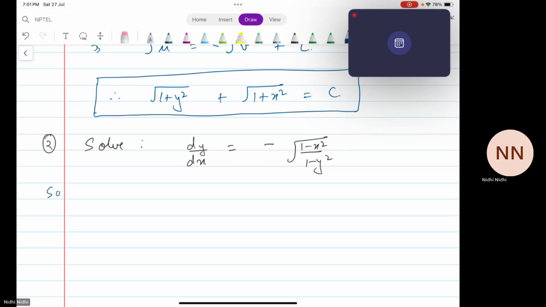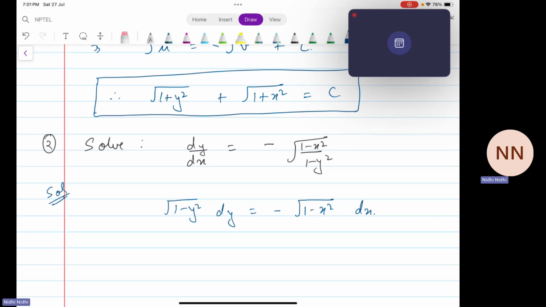So writing the problem again in a good way, we get under root 1 minus y square dy is equal to minus under root 1 minus x square dx.